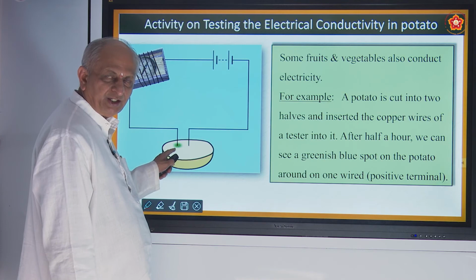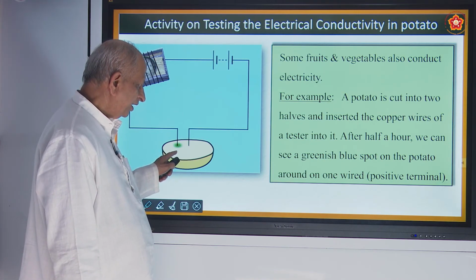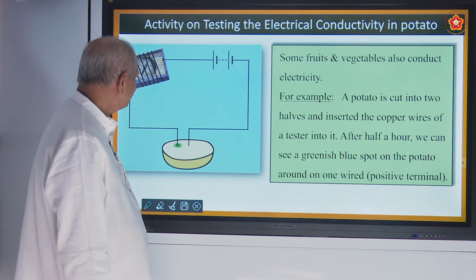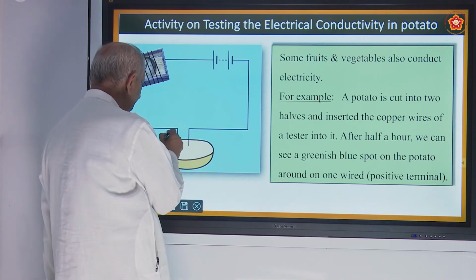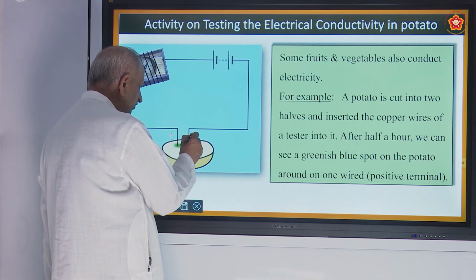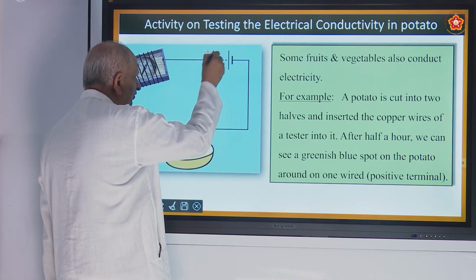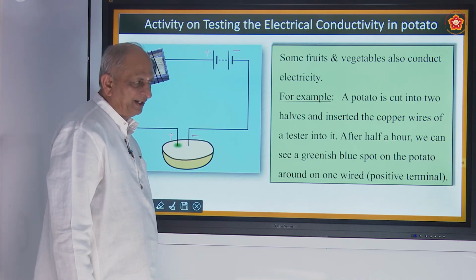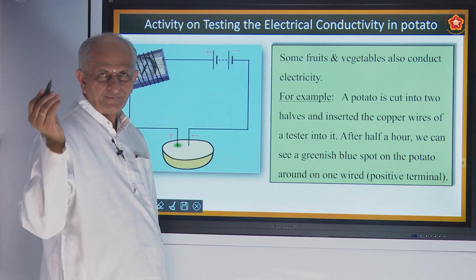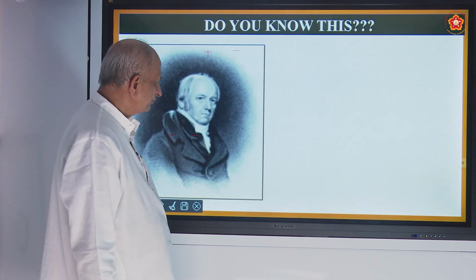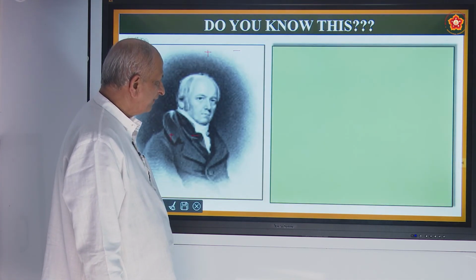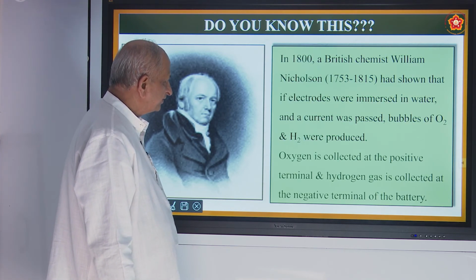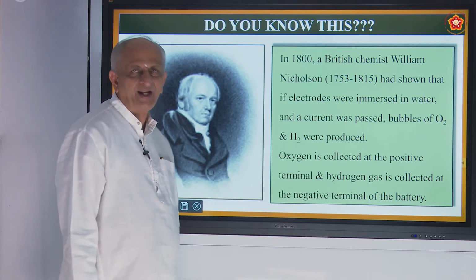Here you can see a greenish spot on the potato around one wire, that is the positive terminal. This is positive, this is negative. This is the compass needle. Why do we want that? Just to know the flow of electrons. This was discovered by a British chemist by the name William Nicholson.